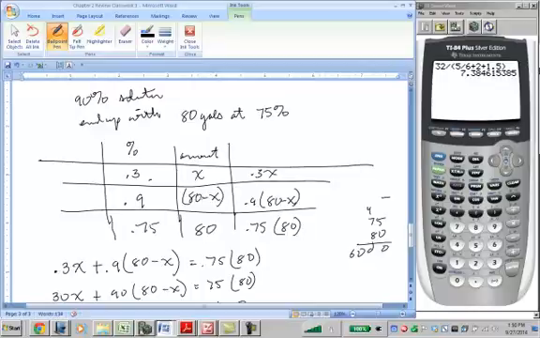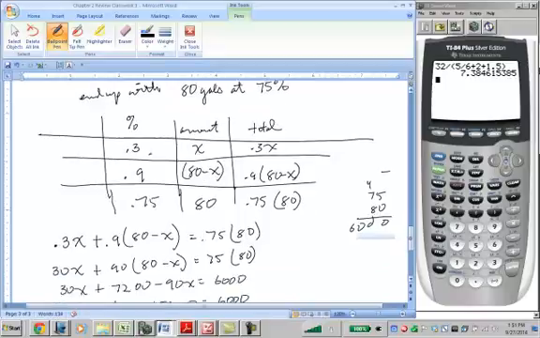So if the unknown is x, then 80 minus x has to be the other amount of solution. So the total of the 30% is 0.3 times x, and the total for the 90% is going to be 0.9 times 80 minus x, and the total altogether is 0.75 times 80. So the equation will be 0.3x plus 0.9 times 80 minus x equals 0.75 times 80.